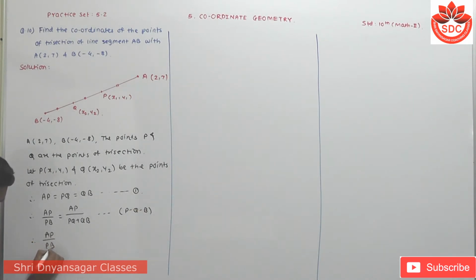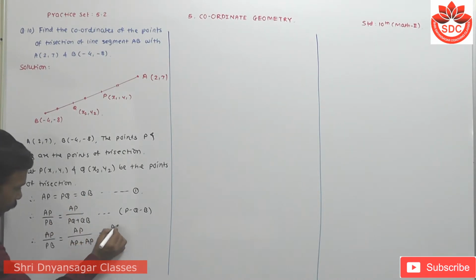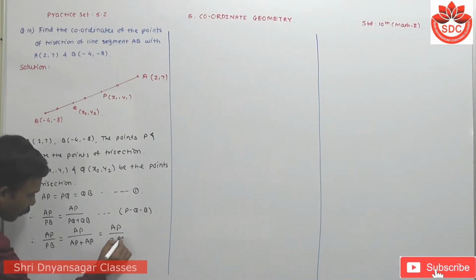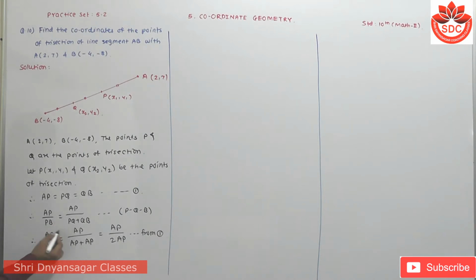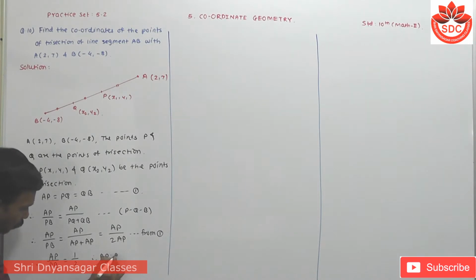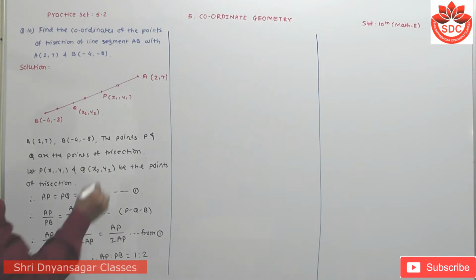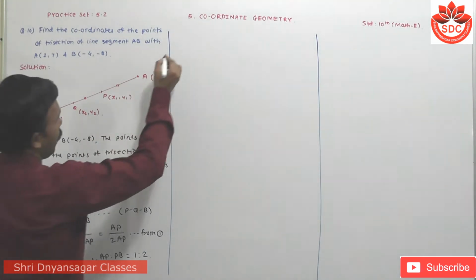AP upon PB is equal to AP upon PQ plus QB, where PQ is also AP and QB is also AP. Again I have taken here AP upon this addition, which is twice AP. The reason is from the first equation. Can you understand this? How to put this value? Then AP gets cancelled, meaning our first ratio AP upon PB is equal to 1 upon 2, meaning AP : PB is equal to 1 : 2. So I have to write here: therefore, P divides the segment AB.